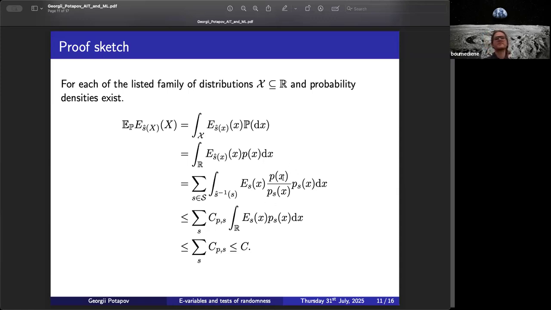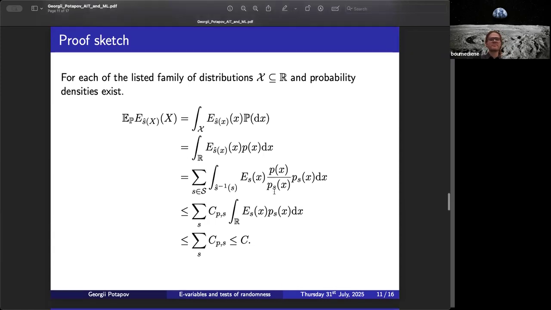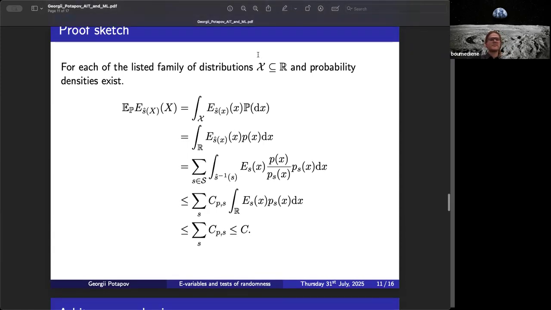So it's exponent of basically log likelihood. And basically the proof is about using some basic, classical information theory to prove that we have a uniform upper bound.